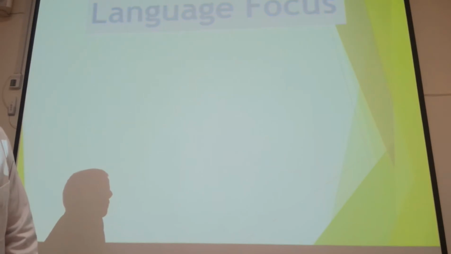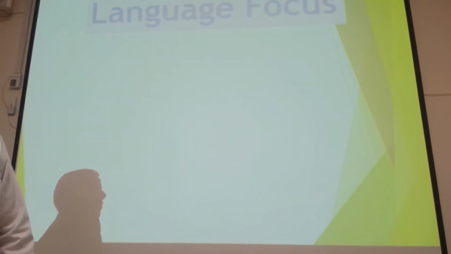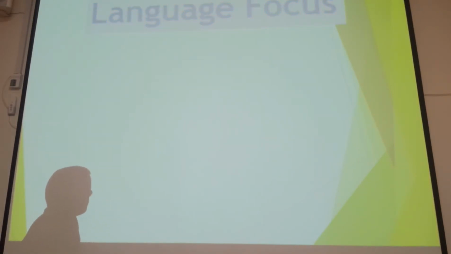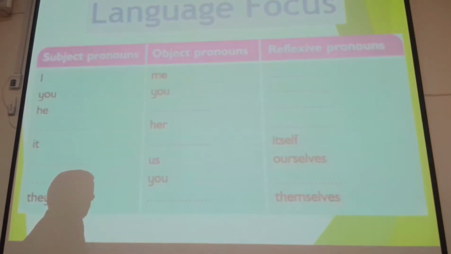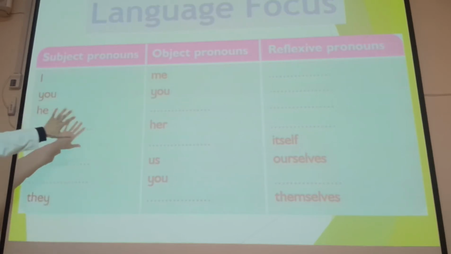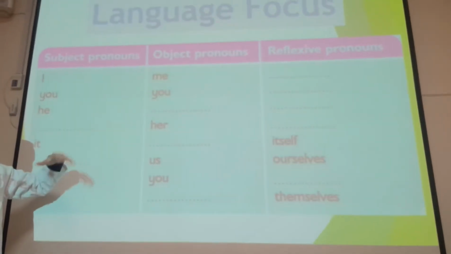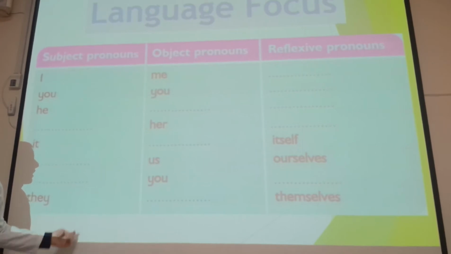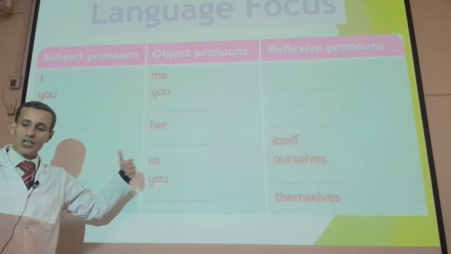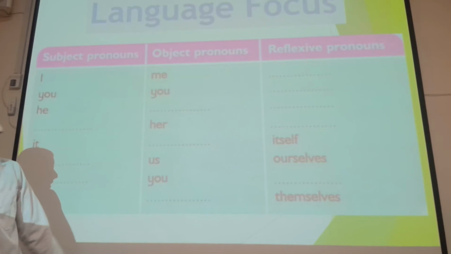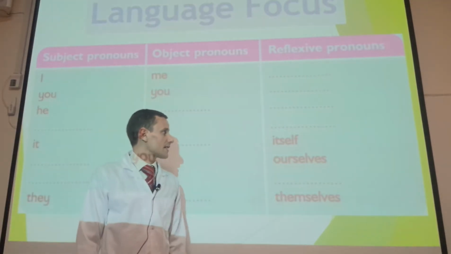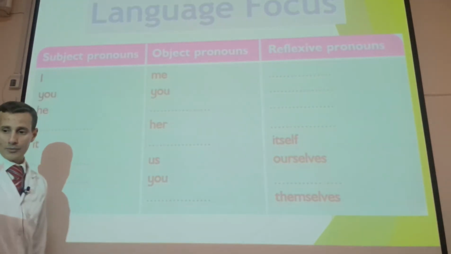Let's focus on this table, which includes different pronouns like subject pronouns, which we mainly use for doing actions, object pronouns, which usually come after the verb, and the last one, which is today's lesson, reflexive pronouns.